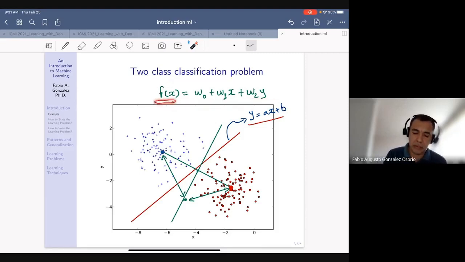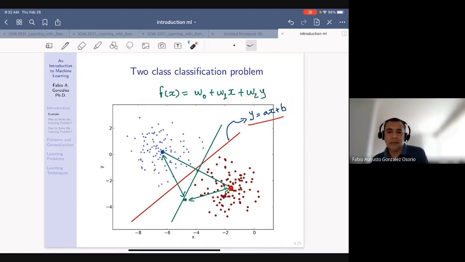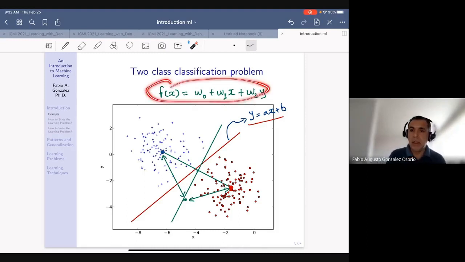This is my prediction, and this is a linear term on the features, on X and Y. But the equation of a line is this one. So what's the relationship between this and this? Anybody can tell me? Camilo?